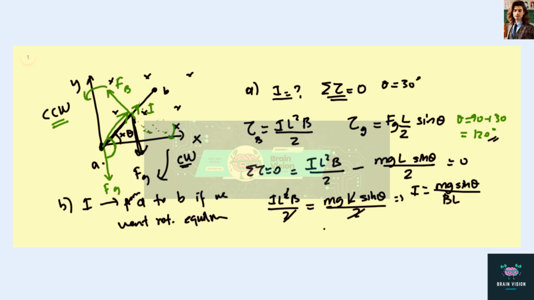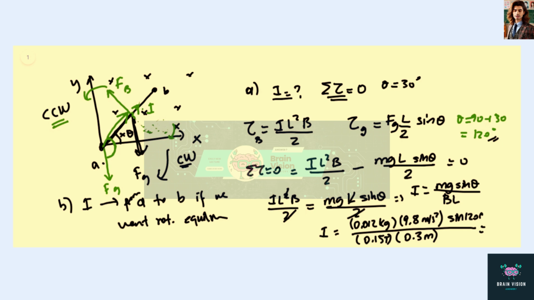So when we plug in the values for I, then what we get is 0.012 kilogram. This is the mass of the bar. 9.8 being g meters per second squared, sine 120 degrees over the magnitude of the magnetic field, 0.15 Tesla, times the length, L. The length of the wire is 30 centimeters, which makes 0.3 meters.